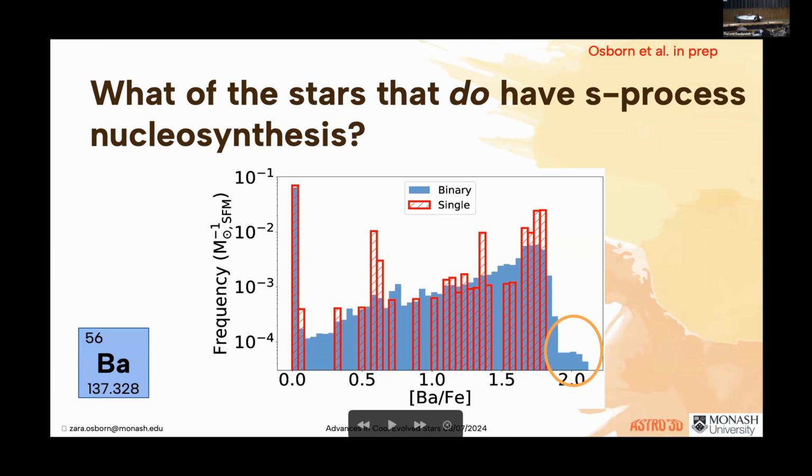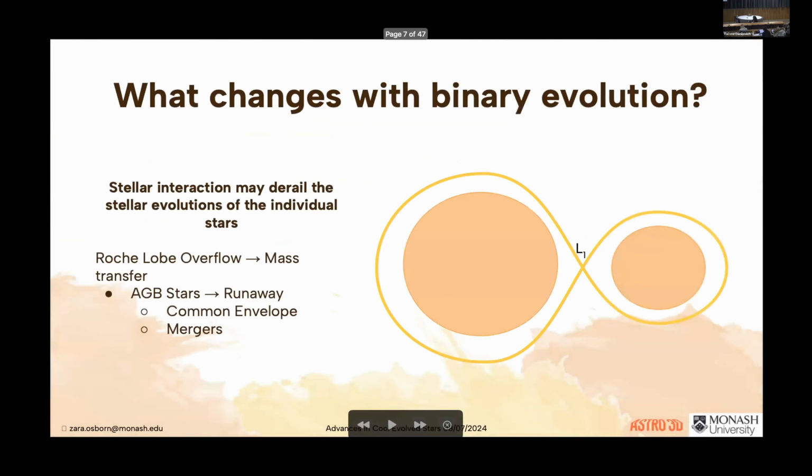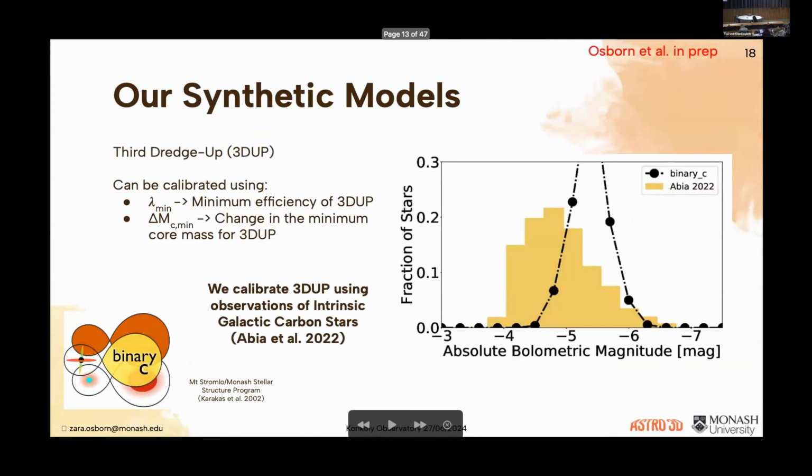I was interested in your calibration to the carbon stars. When you were showing this plot, do you have to worry about any selection effects when doing this comparison of the theoretical model to the observed population?